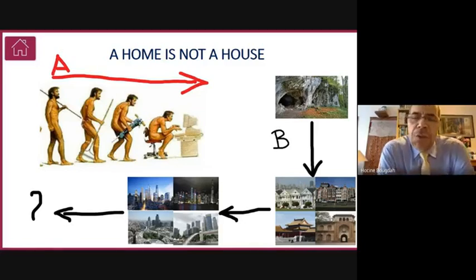What we try to say here is that we start looking at this relationship between home and house by looking at human evolution and the advancement in knowledge and production tools, which had an impact on the notion of home.